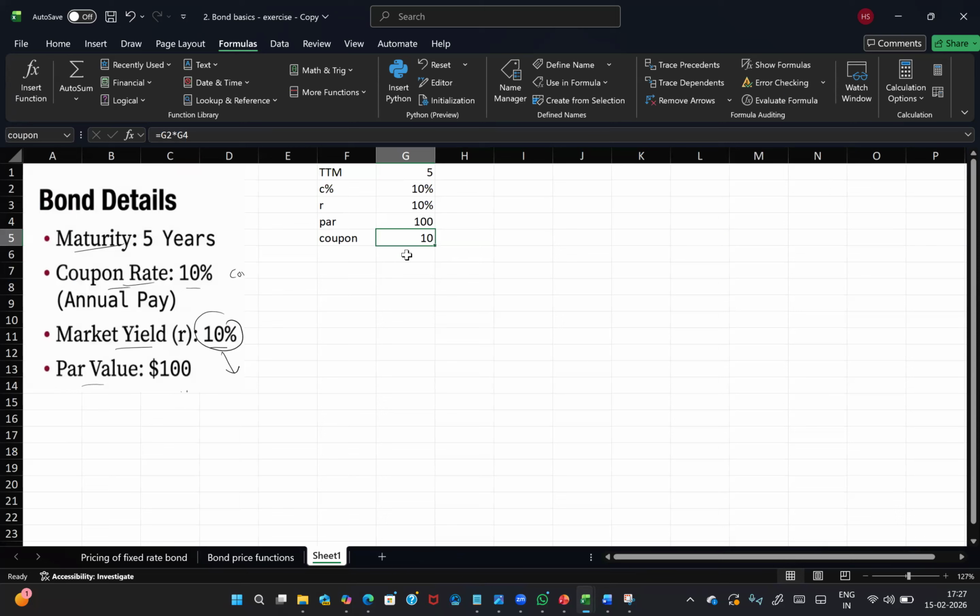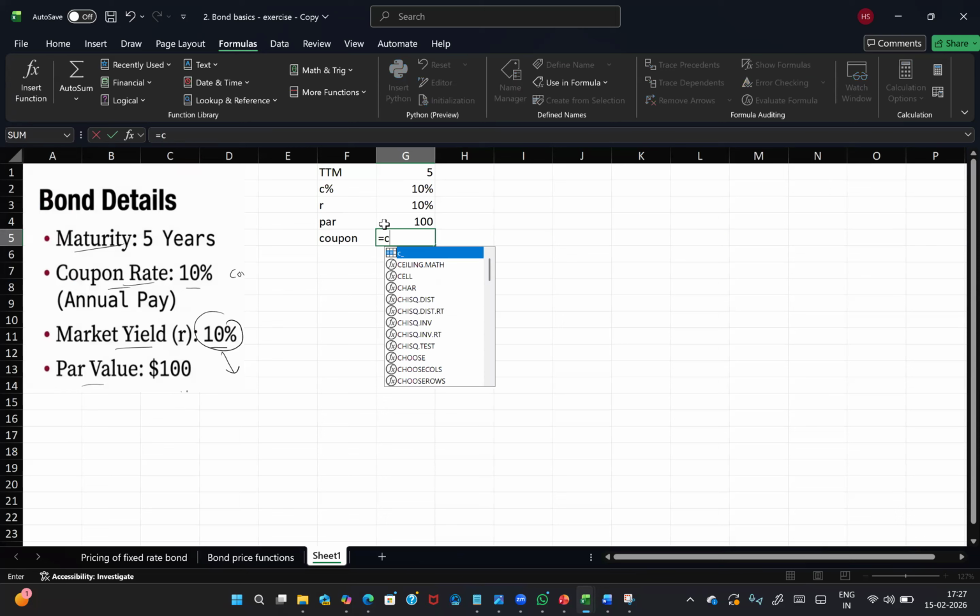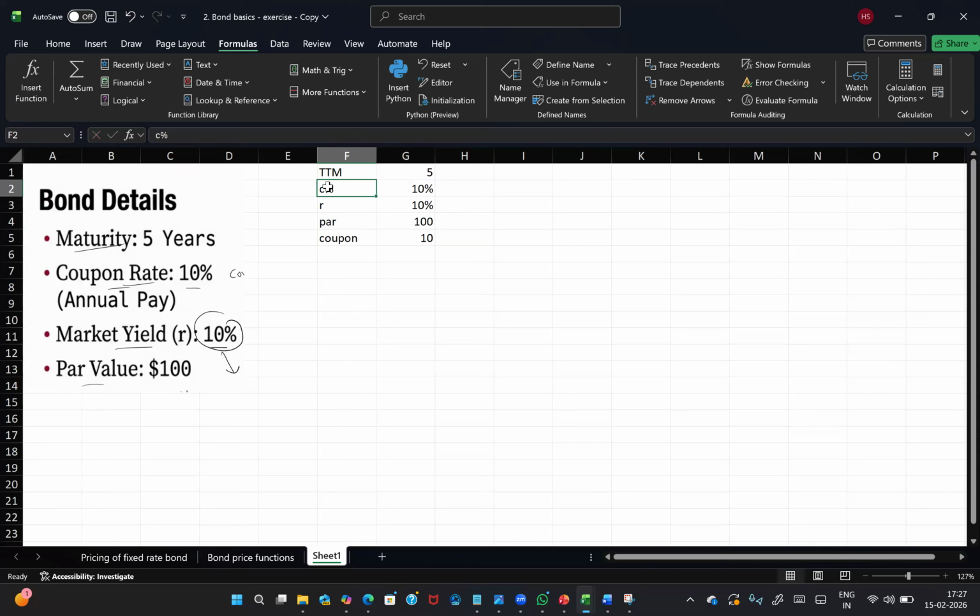So what is the use of this coupon? I can write it as, say, C percentage, which is this value. Also, Excel doesn't store special characters. Percentage is treated as a special character. Blank is also a special character. It's not stored as a special character when you create a name.